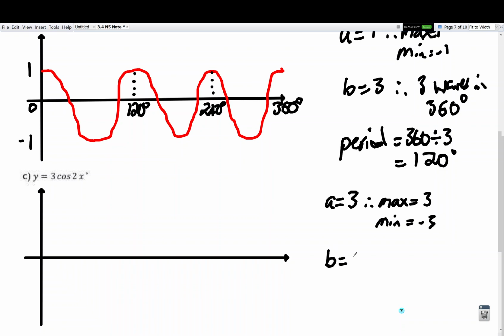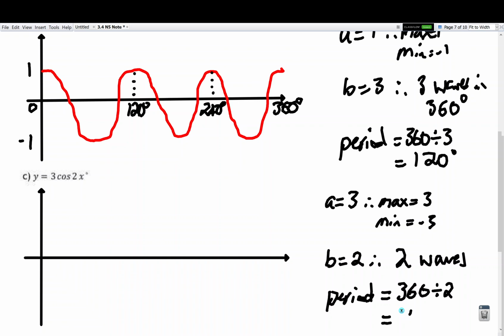B has a value of 2, meaning there are 2 waves in 360. So there are 2 waves in 360 degrees. So the period of the graph, hopefully it's fairly obvious by this point, is half, or 360 divided by 2. So that graph is going to repeat itself every 180 degrees.